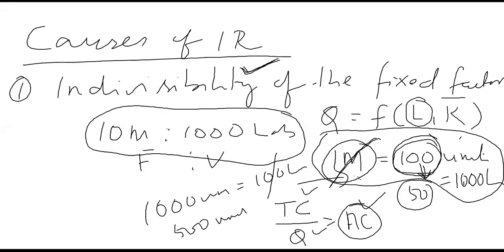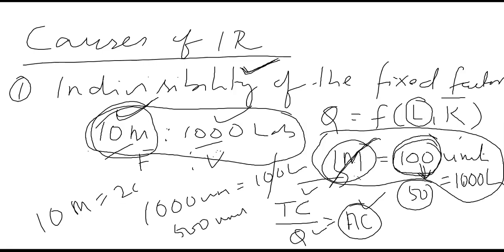Initially, when you increase the variable factor, you are taking the production unit towards the optimum combination with the fixed factor. Then obviously the efficiency of the fixed factor will start increasing, meaning the efficiency of both factors is high. Suppose a machine has a capacity for 1000 labor units, but you hire only 200 labor units; of course you cannot operate it efficiently.